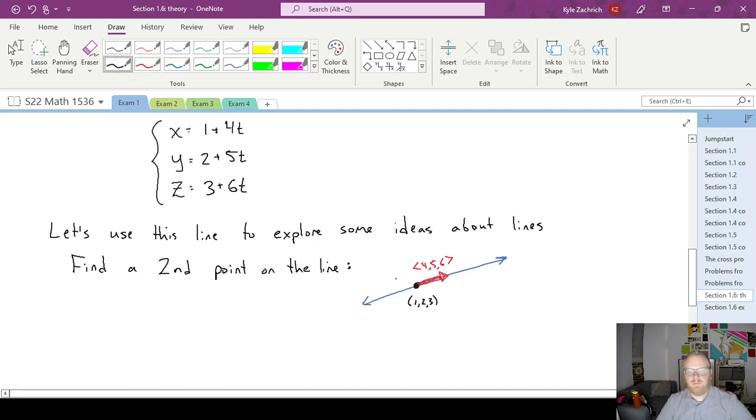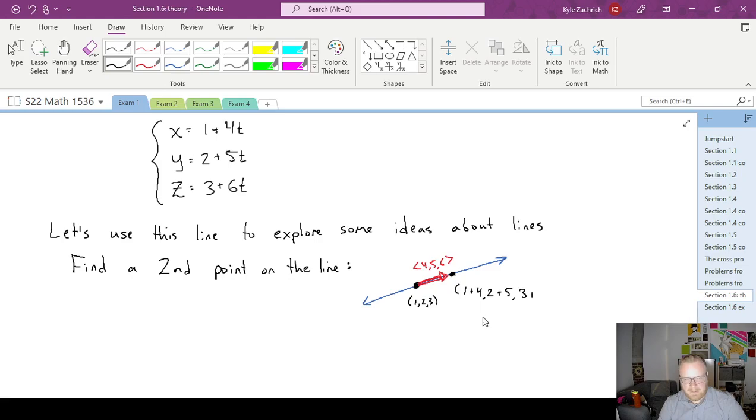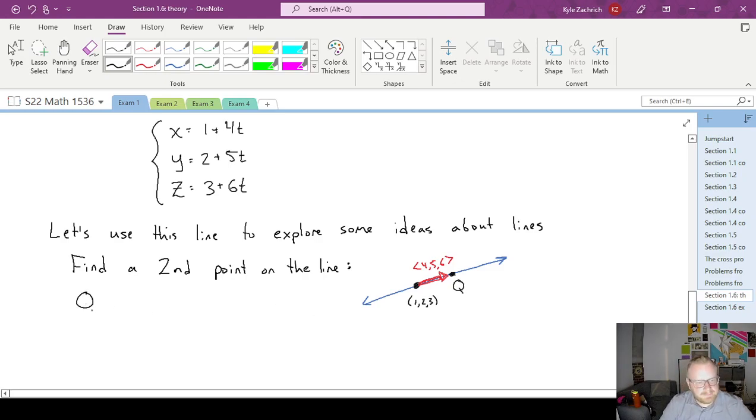We could say a second point, this one right here, would be the point 1 plus 4, 2 plus 5, and 3 plus 6. So this point Q is equal to 5, 7, 9.